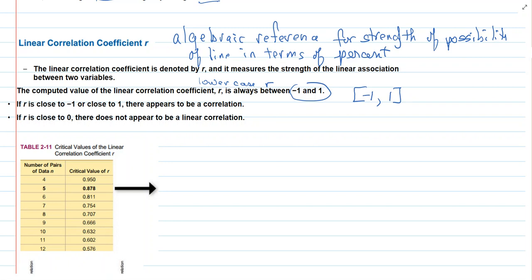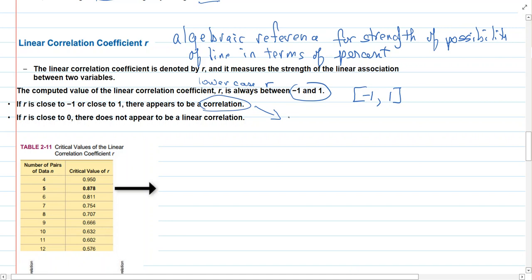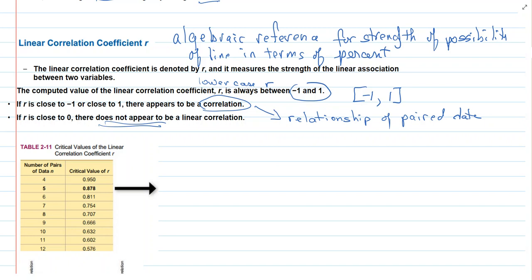If R is close to -1 or close to 1, there appears to be a correlation. And remember what a correlation is, a relationship of the paired data. If R is close to 0, there does not appear to be a linear correlation. So here we're saying the larger the percent, the stronger the connection, right?